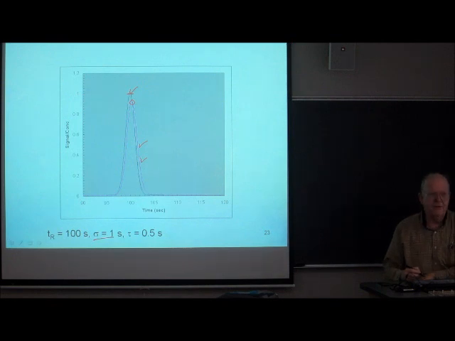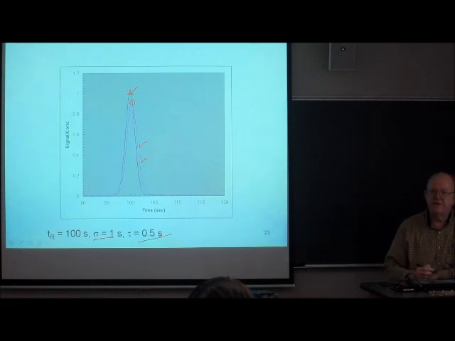What's not obvious is that the area under this signal is identical to the area under the parent Gaussian. I absolutely guarantee that. A filter does not destroy signal. What goes in comes out.